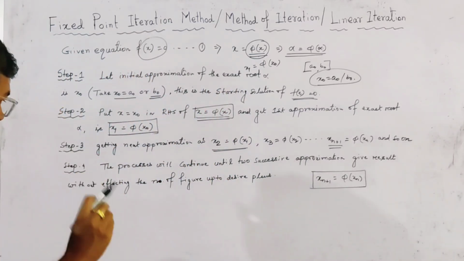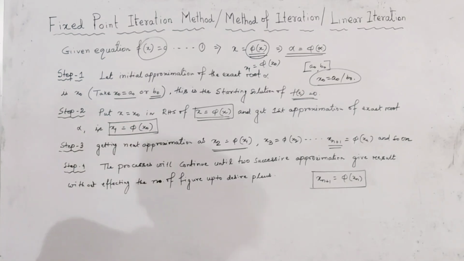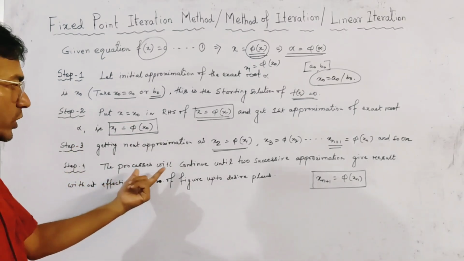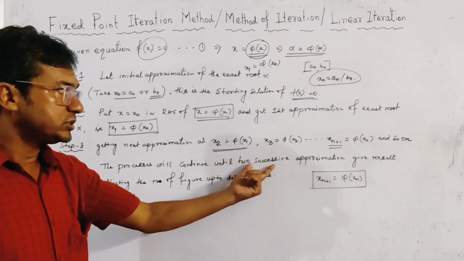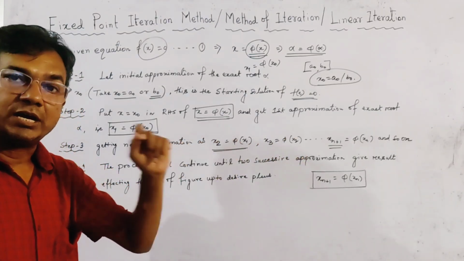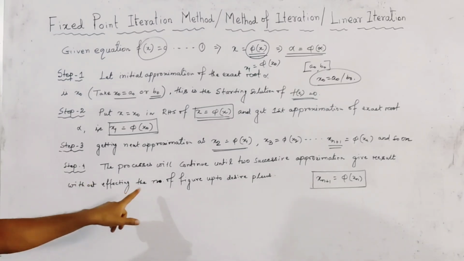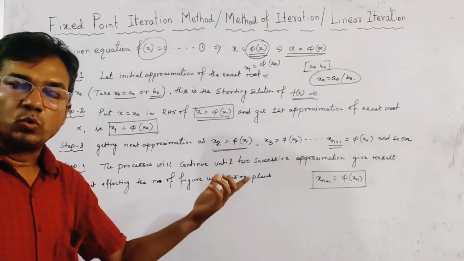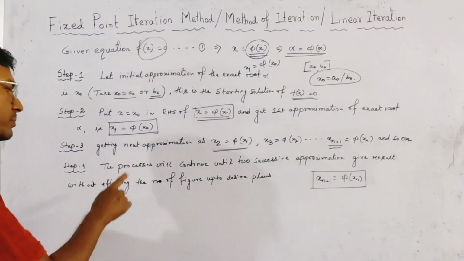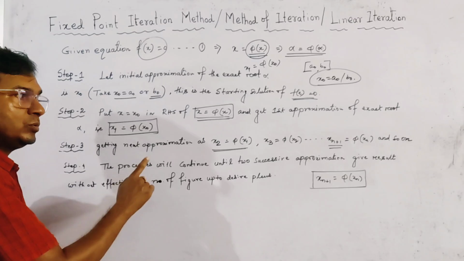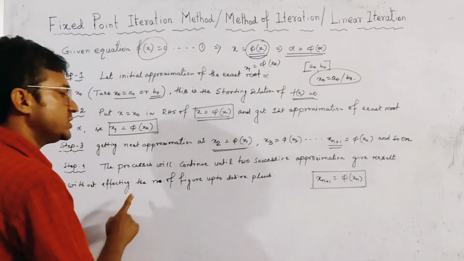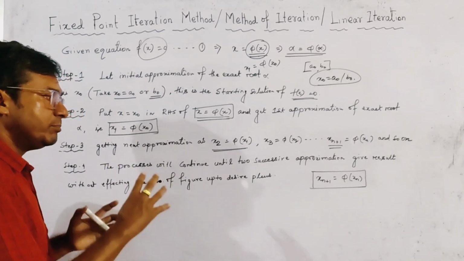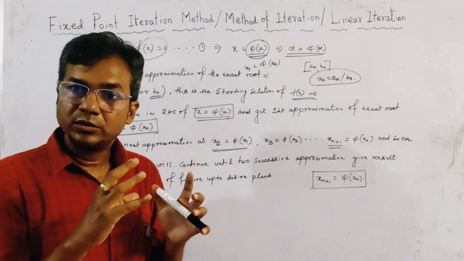In the last step, the fourth step, we say when the process stops: the process will continue until two successive approximations give the result without affecting the number of figures up to the desired places of the solution.